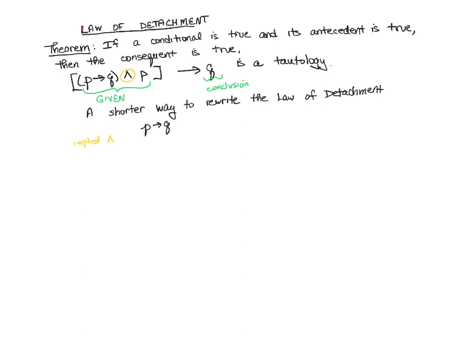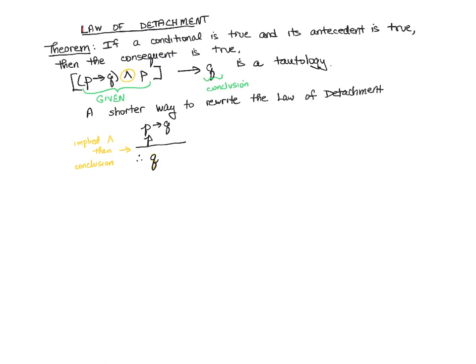And underneath it, we write P. So if the conditional is true and P is true, the antecedent, then the conclusion is implied with this horizontal line. And whatever goes below the horizontal line is the conclusion, which is Q. Some books write three dots, but I'm not going to do that.